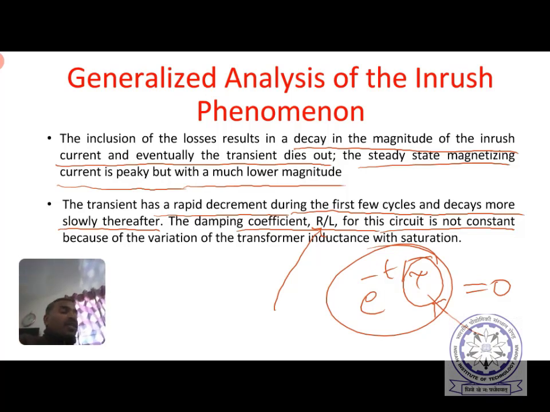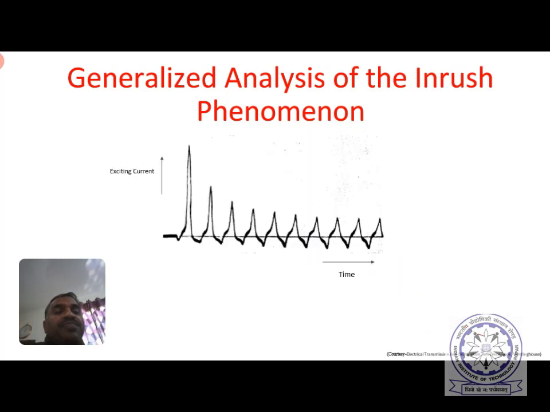Of course, to that extent it is a little bit inaccurate, but otherwise the accuracy is good enough. But you have to remember that the time constant is not constant, it changes with time, also because of the transformer inductance with saturation. That is the reason.